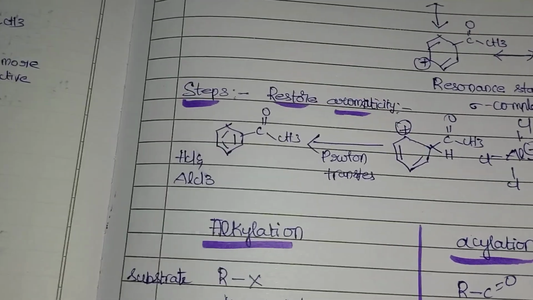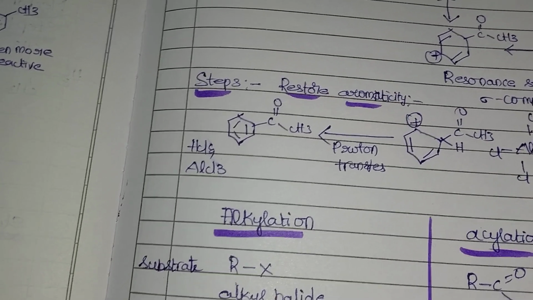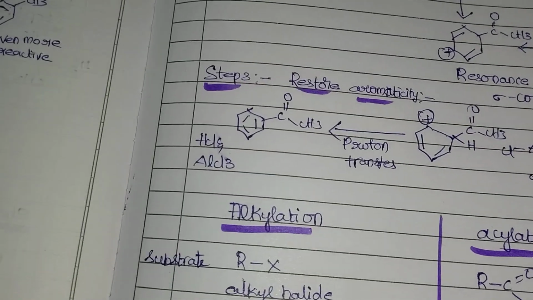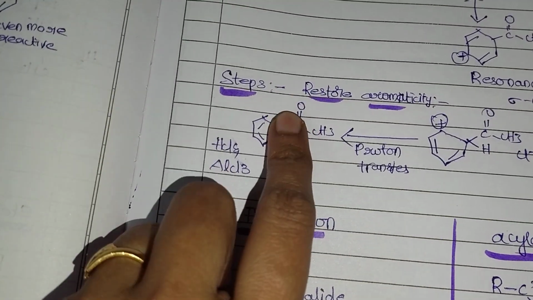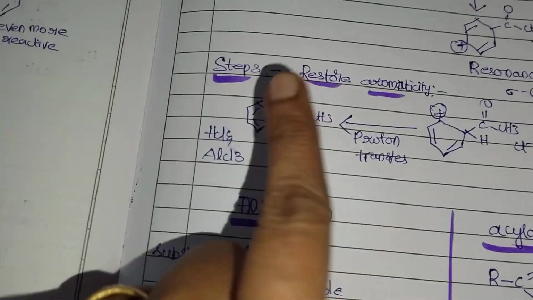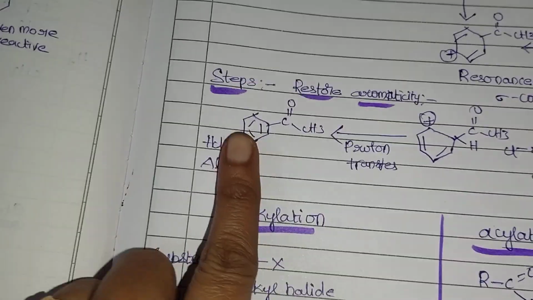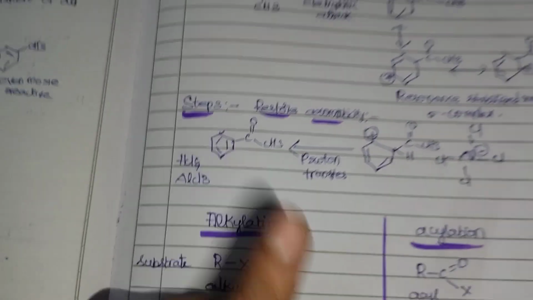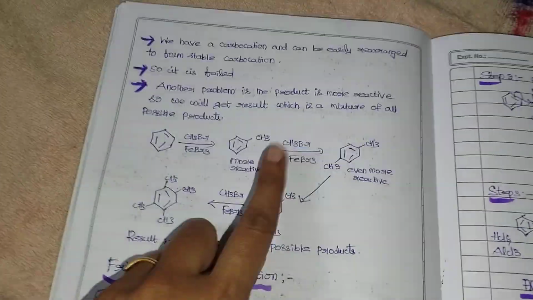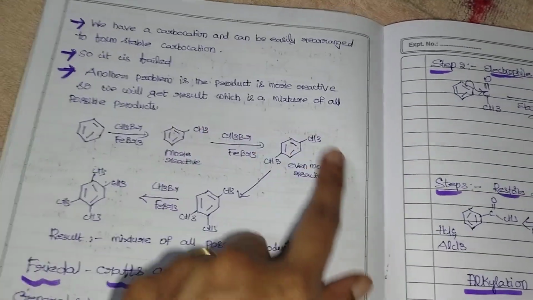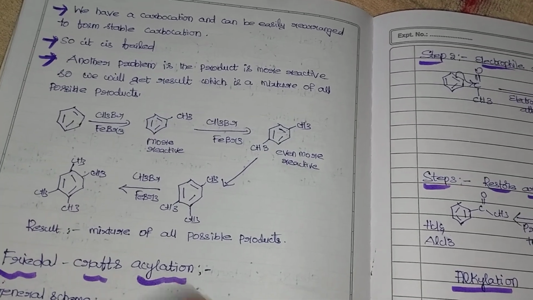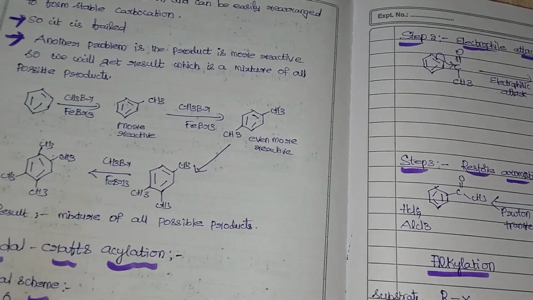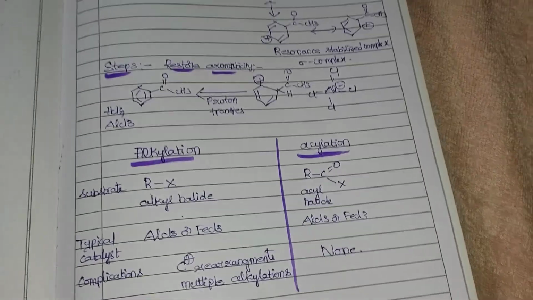Activating groups make the benzene ring more reactive than normal benzene, and deactivating groups deactivate it. So here it is a deactivating group, and that's why it is not more reactive and it is a stable form. In alkylation the alkyl group is an activating group, so it becomes more reactive and many possible products, a mixture of products, will be formed. So that is the difference between Friedel-Crafts alkylation and acylation.